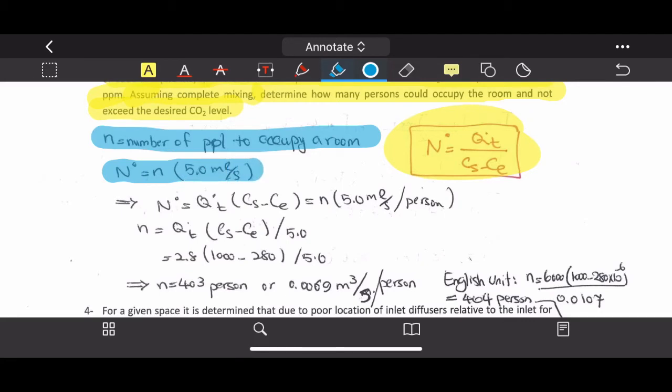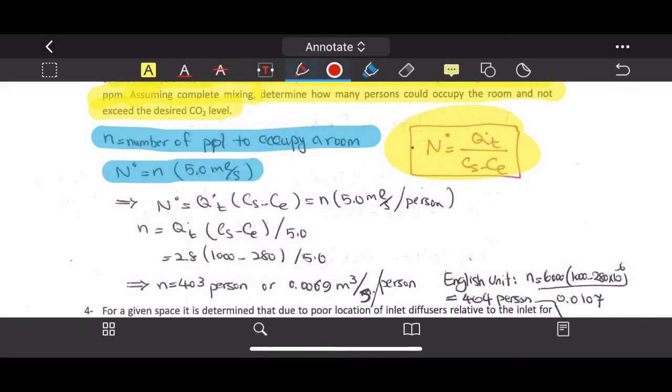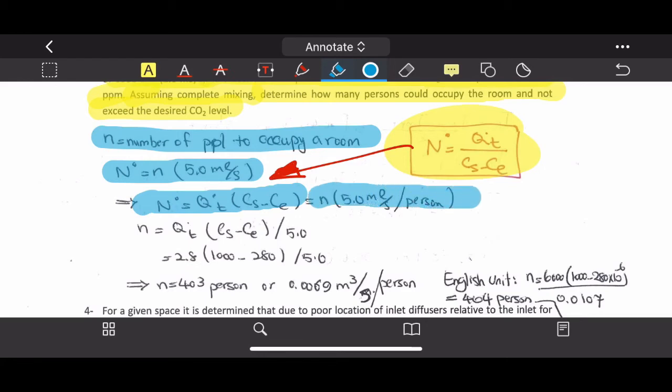Therefore, the equation from here: N dot equals Q dot times the bracket CS over CE, which is the algebra method, and then small n equals 5 milliliter per second.